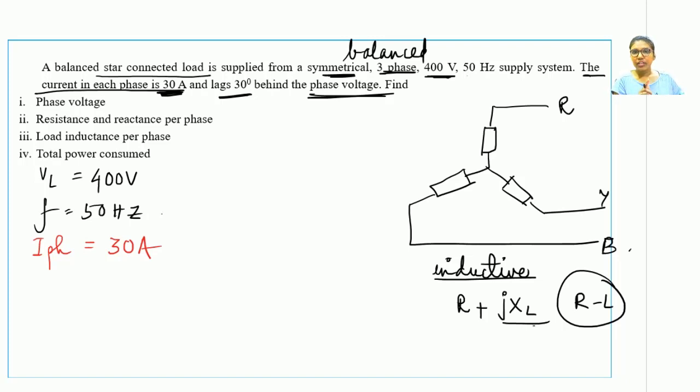But here there is a very important note that one has to take care of. Since it is given in the question that the current lags 30 degree behind the phase voltage, one is not expected to write minus 30 degree with the phase voltage. I am repeating this again. Since it's given in the question that the phase current is lagging behind the phase voltage by 30 degree, one is not expected to write minus 30 degree with the I phase value. Why is it so?